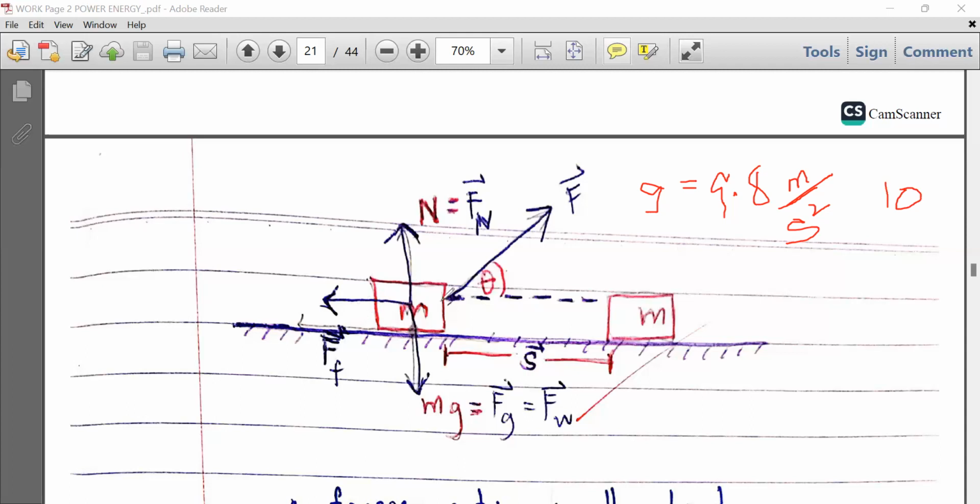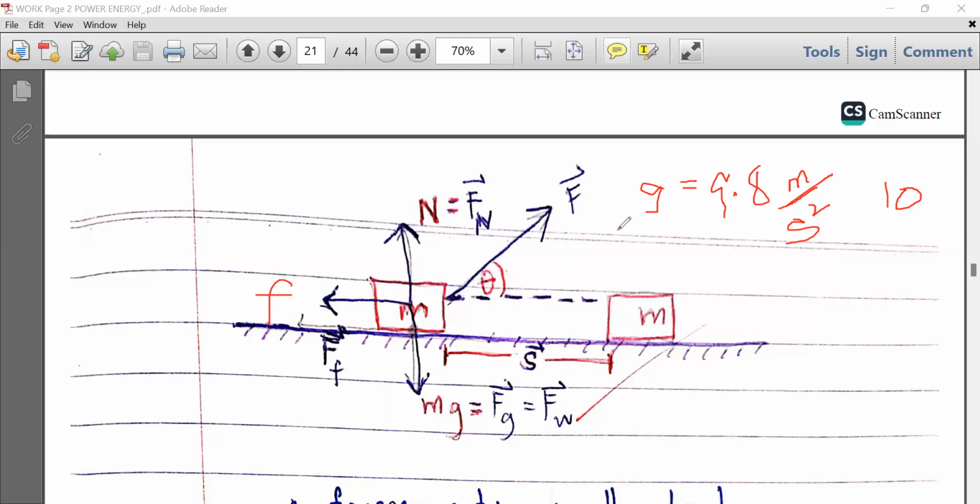So as the box moves to the right, there is a resistive force pulling it to the left, trying to slow it down, and that is called F sub F, Ff, or frictional force. So let's call this friction. We can write the symbol F here. You can also use the symbol Ff, which means frictional force.